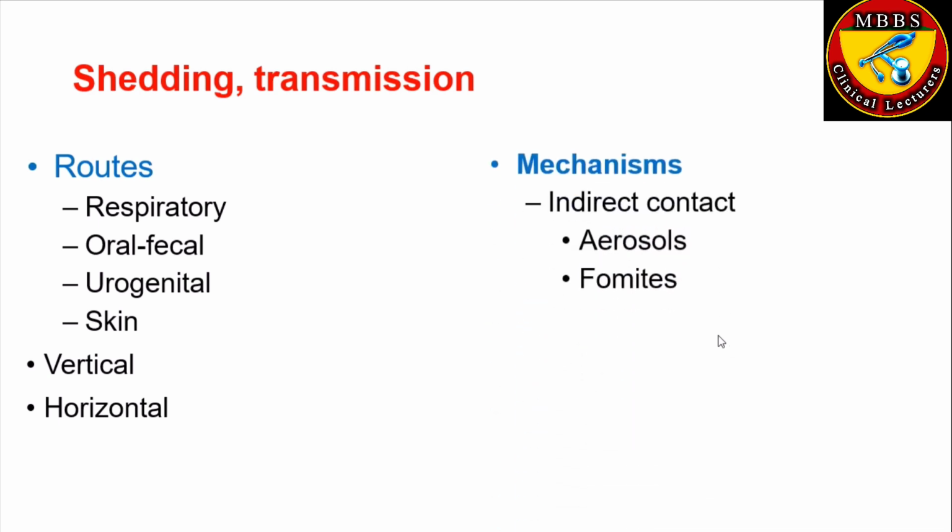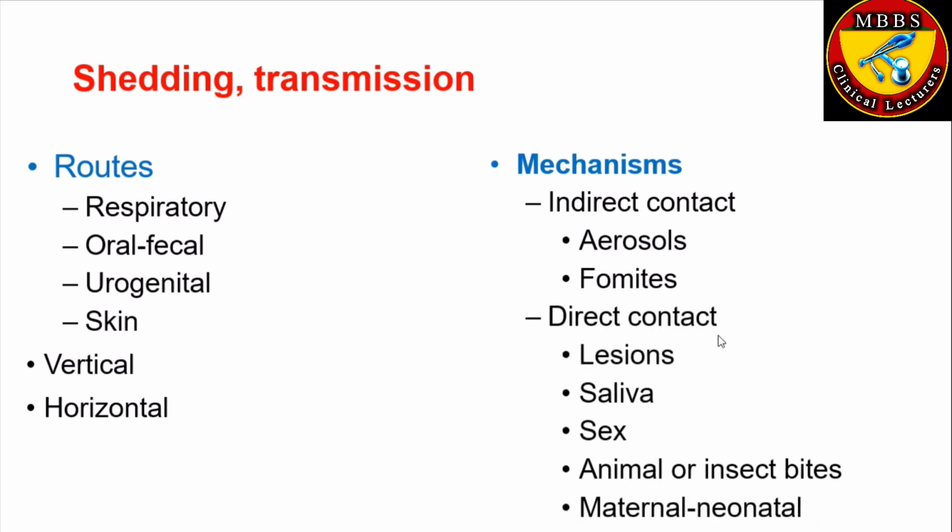Then these are the mechanisms: direct contact, aerosols, and fomites. Fomites are substances, living or non-living things, through which viruses are transmitted. Direct contact by lesions, by saliva, by sex, by animal or insect bites, or through the umbilical cord.